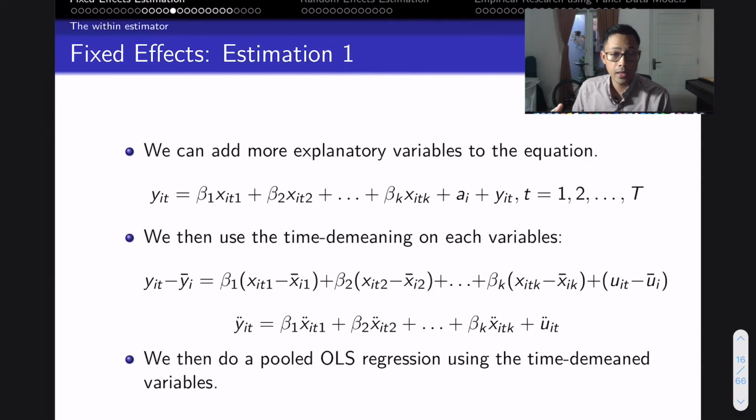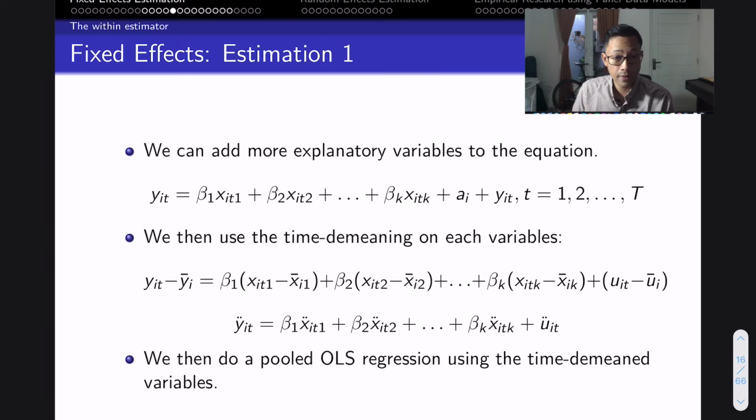If you're running a regression on wages, then for example you want to add the characteristics of the individuals, say their age, years of schooling, gender, province of living, and so on and so forth.